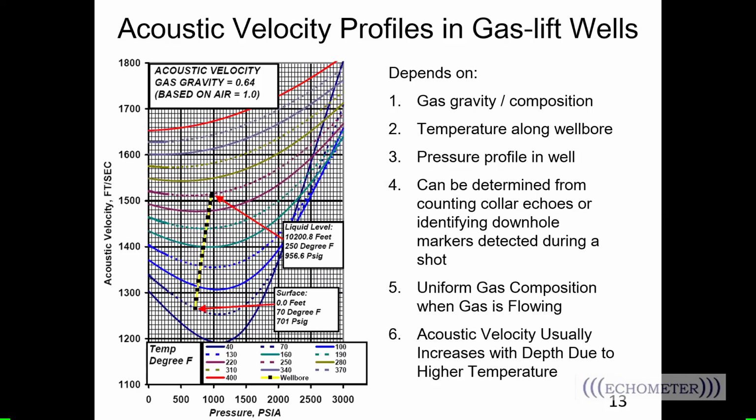But here's my strategic kind of problem: after a well's been shut in, and this happens to us a lot in the Permian, a well that is shut in has a dramatically different temperature profile than once it starts flowing.